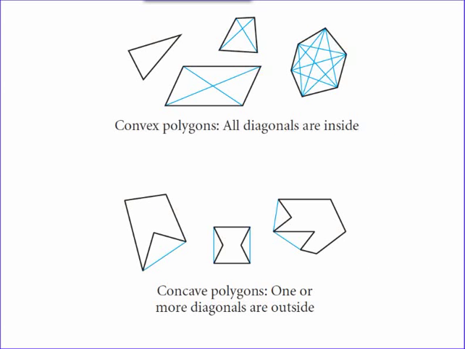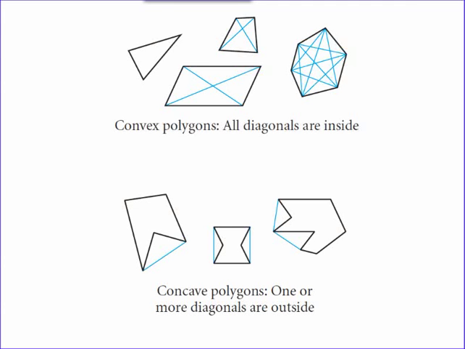This one is defined as being convex polygons. And so what I'm going to do is give you a handout right now, and you're going to use this handout later with an investigation. But what it does is it gives examples of convex polygons and concave polygons. If you want to make notes on here for your own information, that probably would be a good idea. If you notice a convex polygon, if you were to draw all of the diagonals in, all the diagonals will be on the inside.